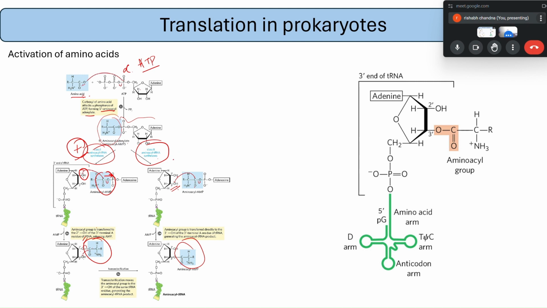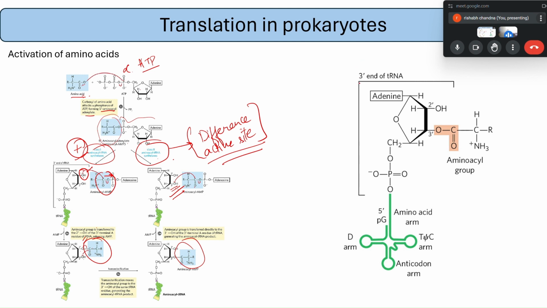Now, as they recognize 2 prime or 3 prime OH, that means there will be a difference in the active site. That is why they recognize either the 2 prime OH or the 3 prime OH of the same adenine residue present on the tRNAs. Okay, so this was the difference between the two classes of the amino acyl tRNA synthetase.